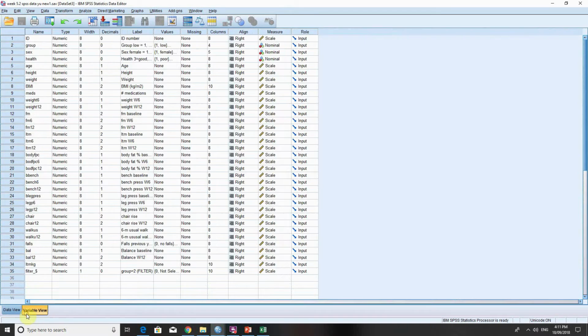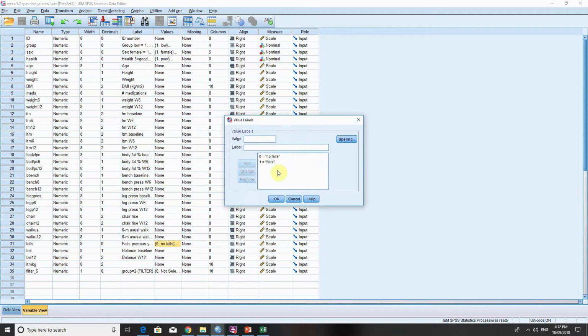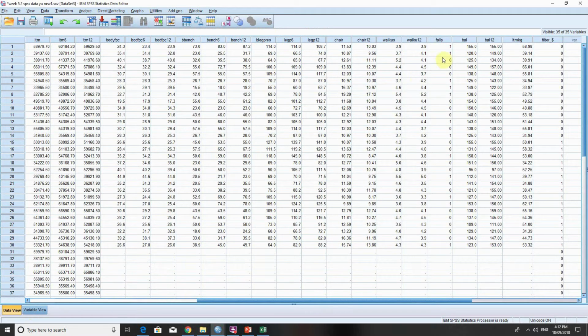Now the reason I can for the falls in previous year is because if we find it in the variable view of the SPSS file, we can see that it's actually coded for in that 0 is no falls and 1 is falls. So the number in this column here does not refer to the actual number of falls a person had. It's just a nomination of whether they fell, yes or no. So that's why it's categorical. So don't get tripped up on that one.